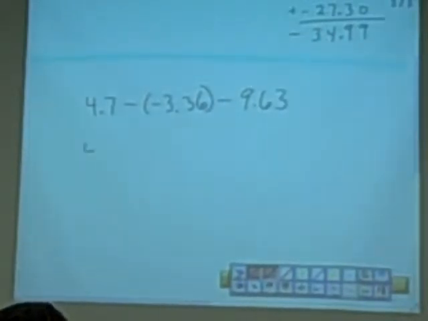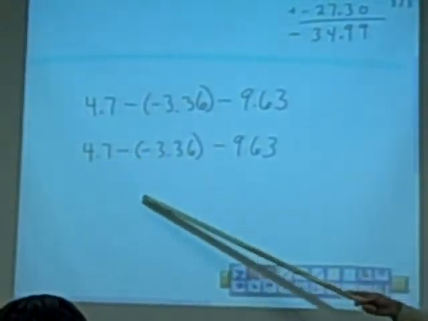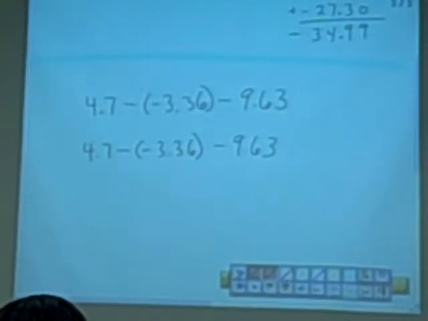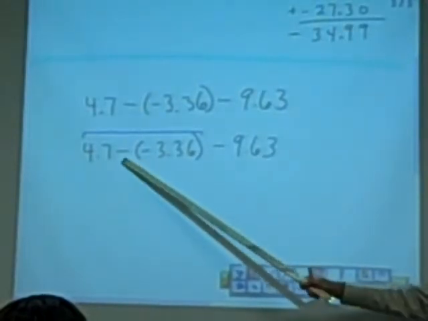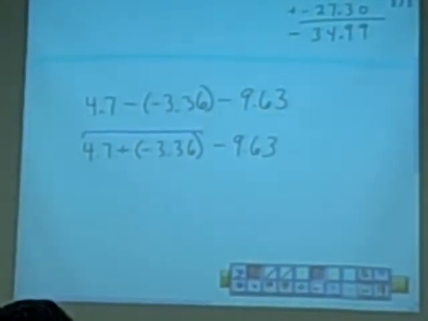So let me rewrite this here, 4.7 minus negative 3.36 minus 9.63. And now, you see these two negatives here? We're looking at these first two numbers, right? What can we do with these negatives? Change them, right? Change the minus sign to a plus. Change the sign of the next term.